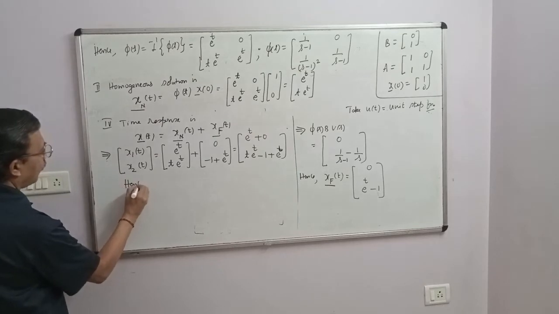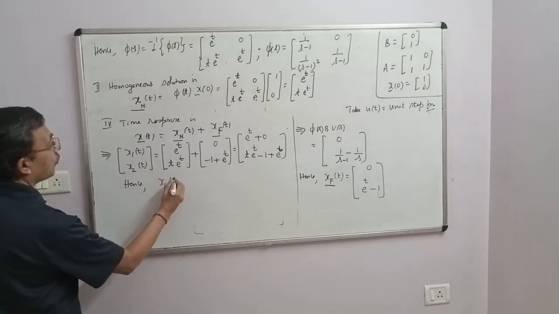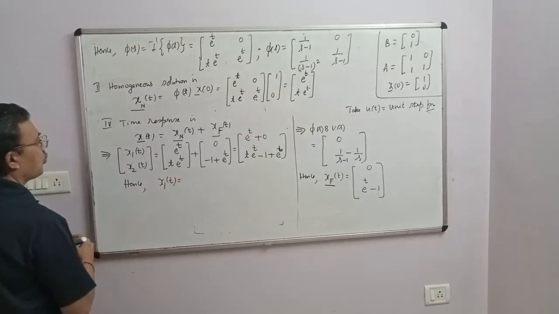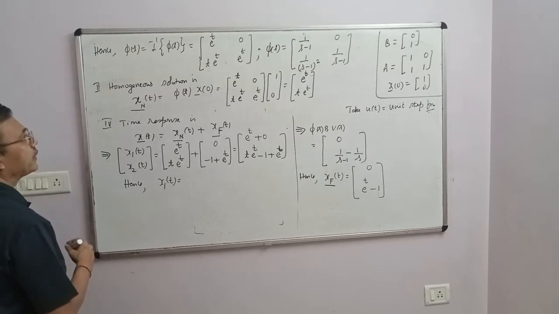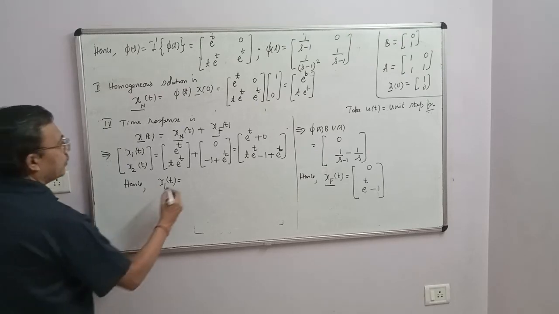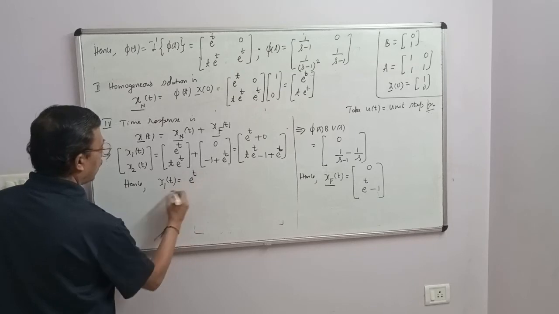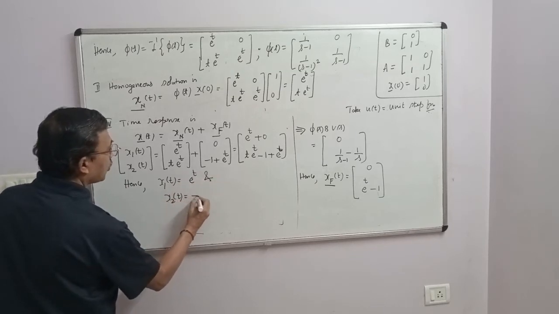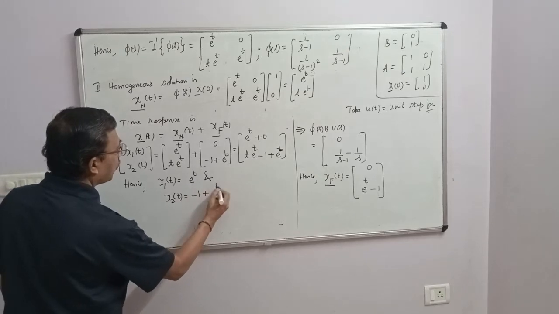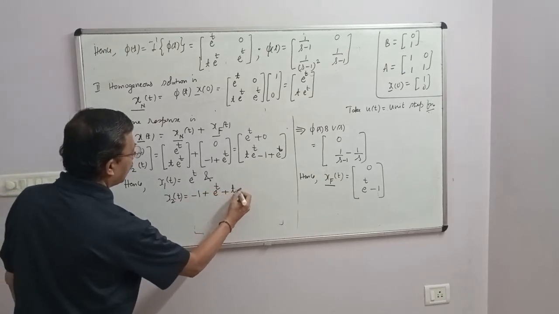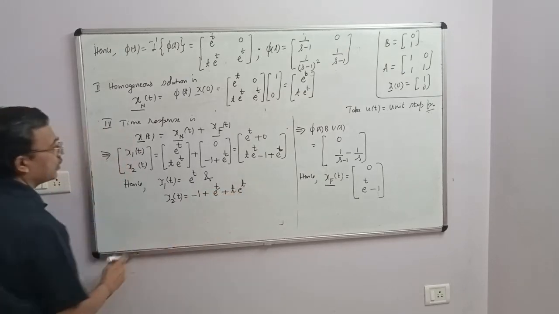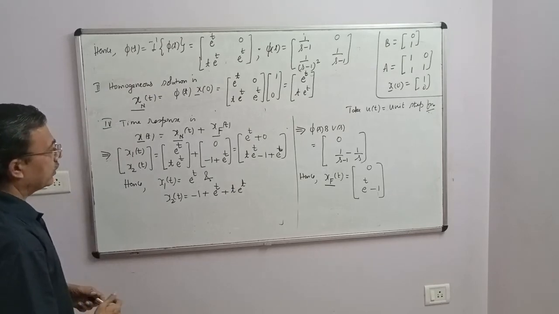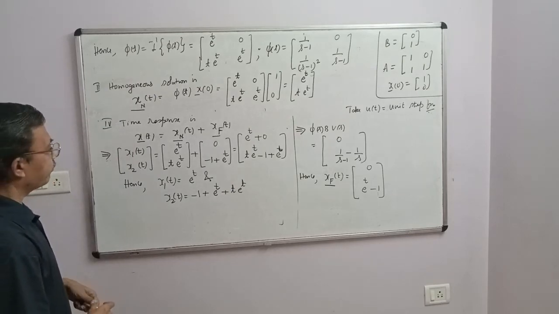Hence, x1 of t is equal to e to the power t and x2 of t is equal to minus 1 plus e to the power t plus t into e to the power t. This is the answer.